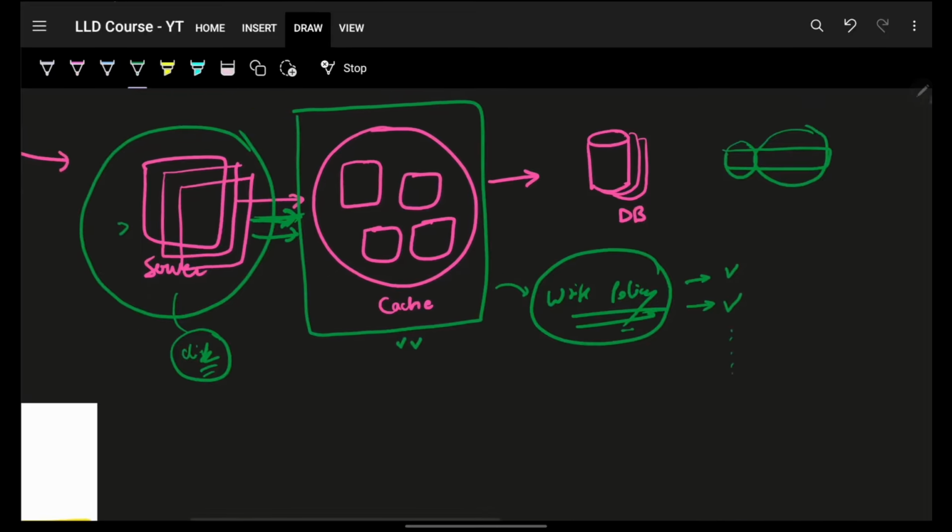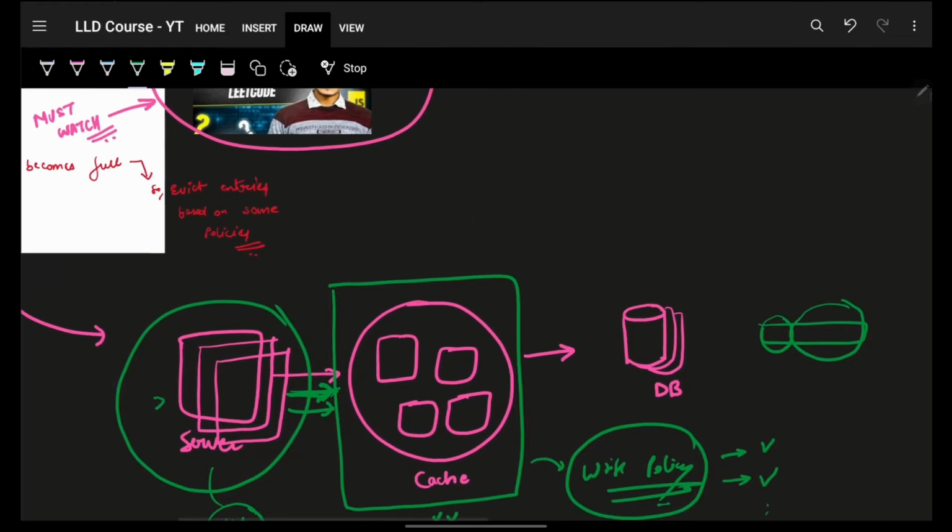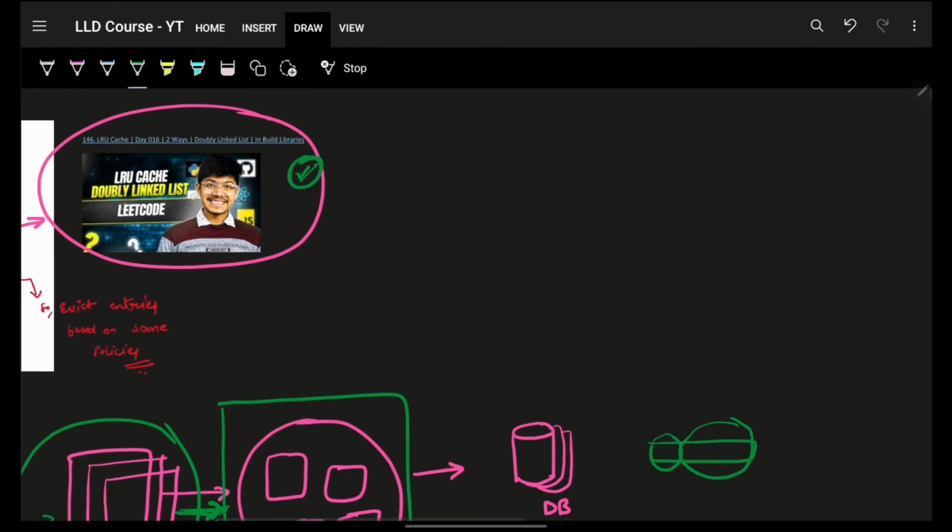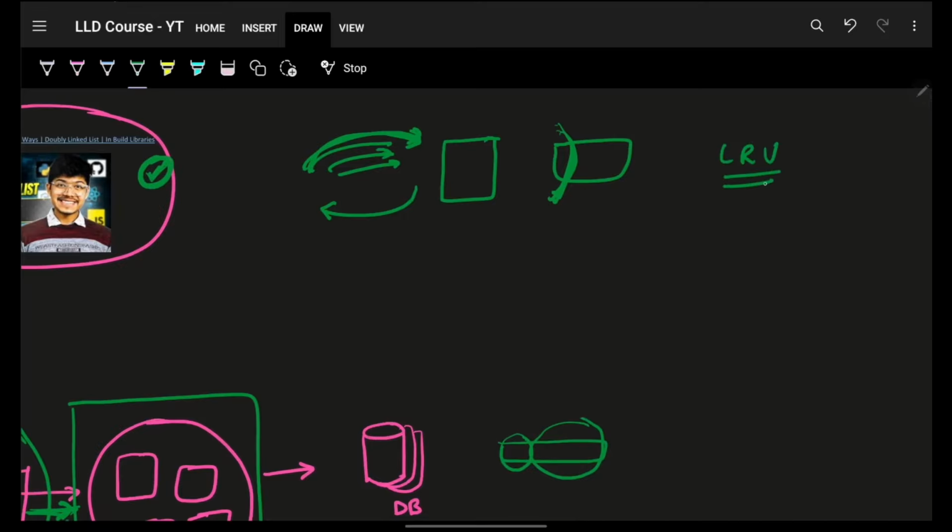Now, with all that said, did you realize the challenge here with your normal LRU problem? In your normal LRU problem, just imagine I have a simple cache in which I insert data and then get data. I'm hoping you have watched that before watching this video. The moment you insert more data, the cache size becomes full, and then you evict some entry, which is the least recently used one.